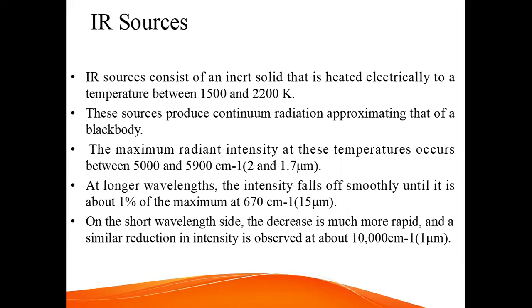At longer wavelengths, the intensity falls off smoothly until it is about 1% of the maximum at 670 per centimeter or 15 micrometer. On the shorter wavelength side, the decrease is much more rapid, and a similar reduction in intensity is observed at about 10,000 per centimeter or 1 micrometer.